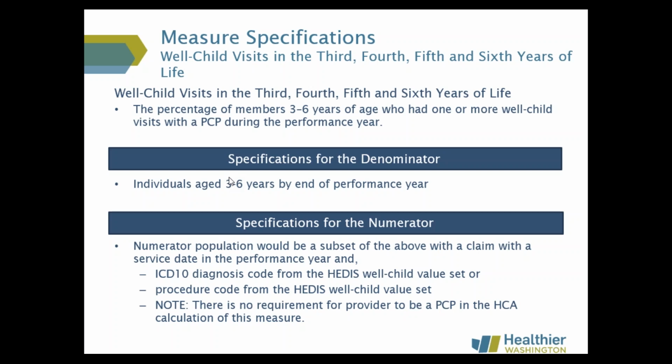So in some regards, it is less stringent with the definition of PCP, but in some regards, it is also narrow because we are unable to incorporate non-administrative claim data in capturing this measure.